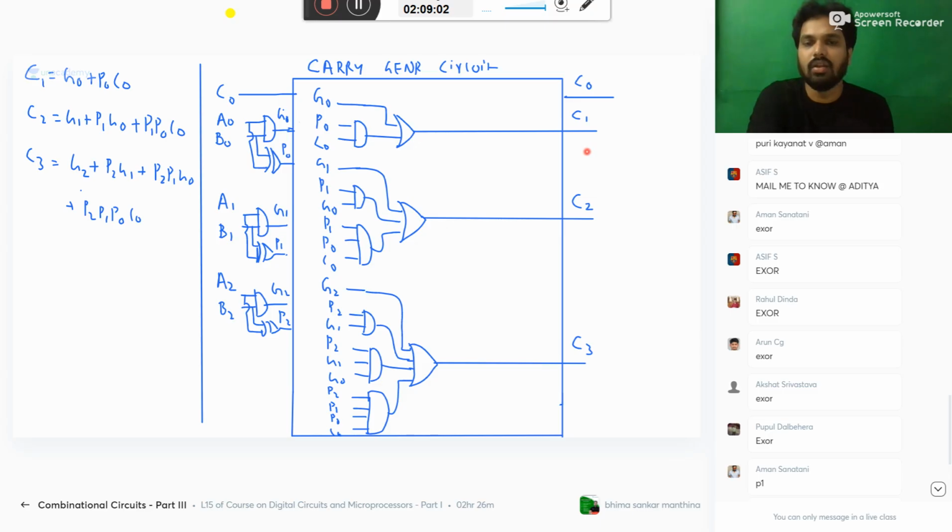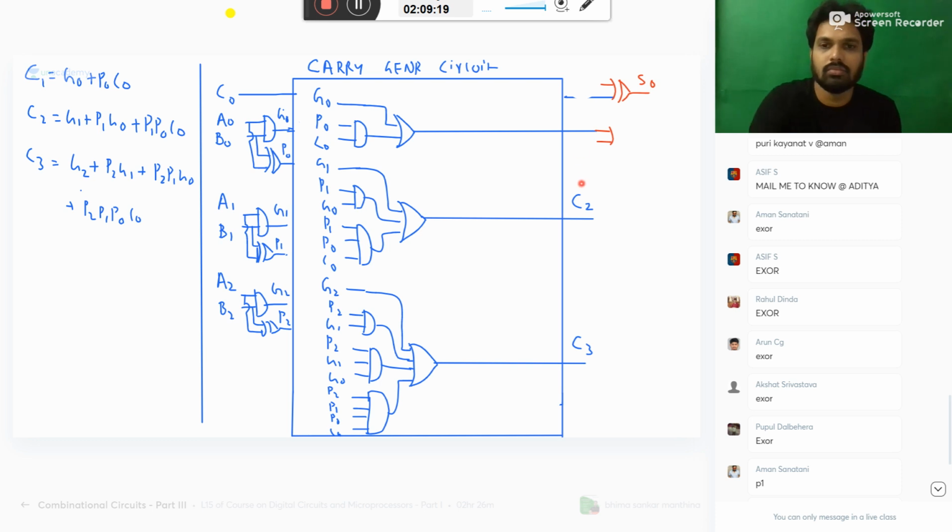Please listen here. Here you take one XOR gate, and you get the sum S0, and you take another XOR gate.